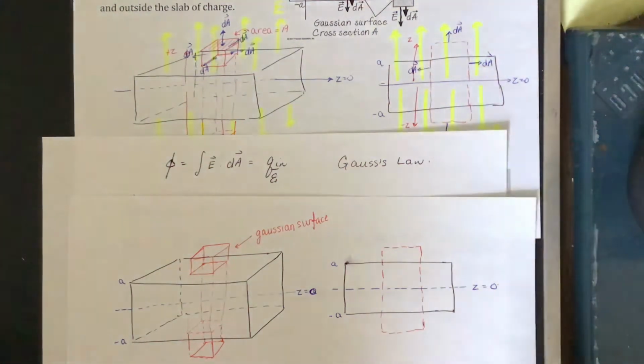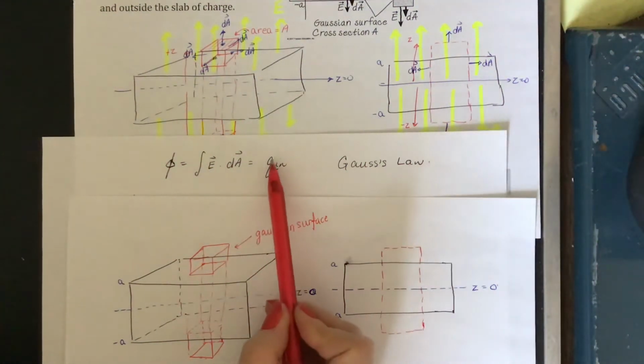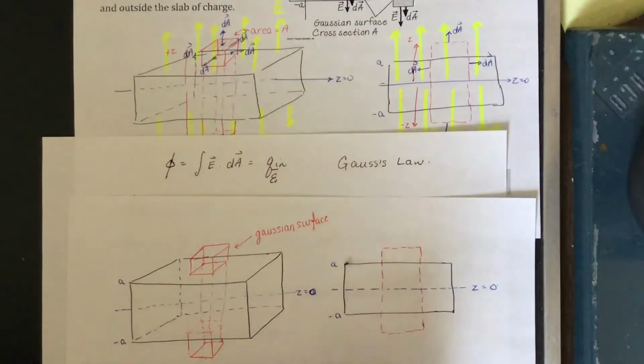In this problem, we have to figure out Q in. And remember, Q in is the amount of charge enclosed by the Gaussian surface.